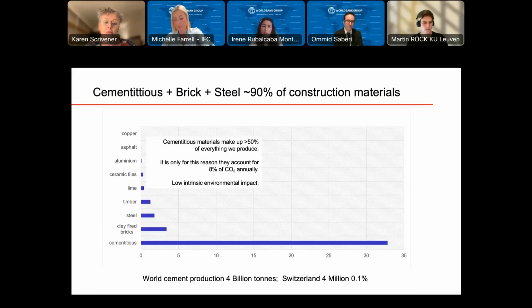Now, before going on, it's important to say something about timber, because timber is very controversial. A lot of people claim that this can really solve the problem. I don't want to get too much into that debate, because the figures for timber depend very much on the type of forestry the timber is coming from.